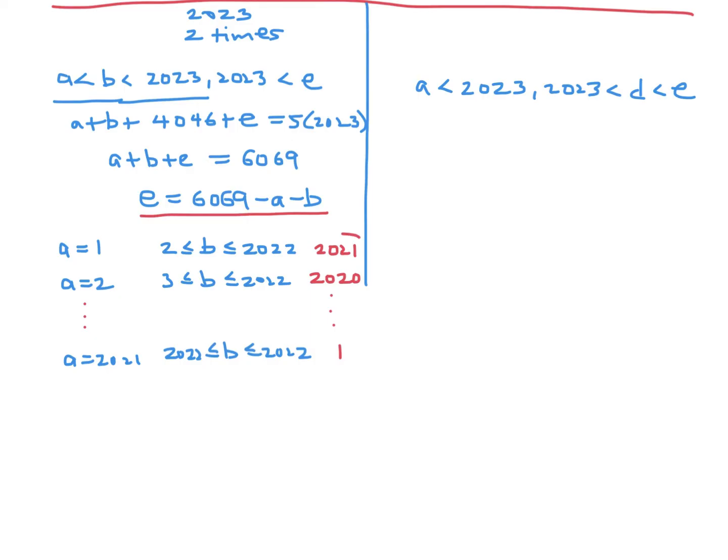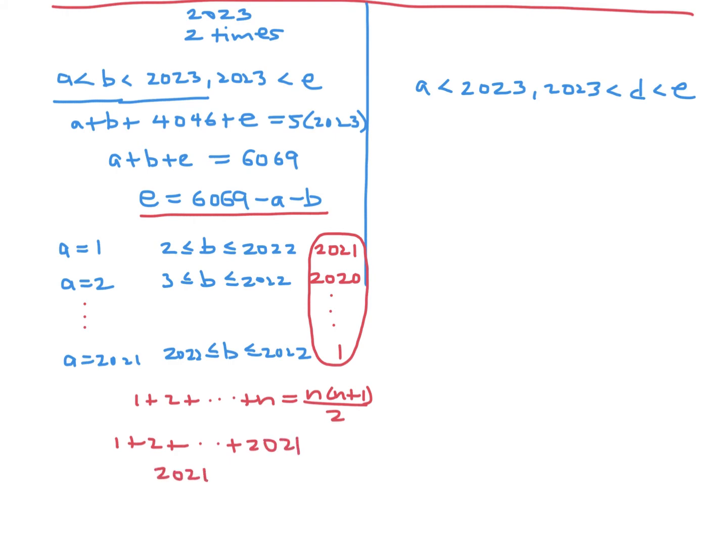Now, to add all these up, you guys remember that mathematical formula, right? 1 plus 2 plus dot, dot, dot, all the way till n is n times n plus 1 over 2. So if you add up 1 plus 2 all the way up till 2021, it would be 2021 times 2022 all over 2.